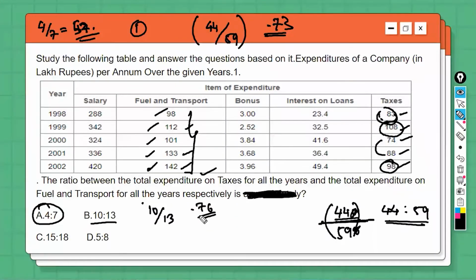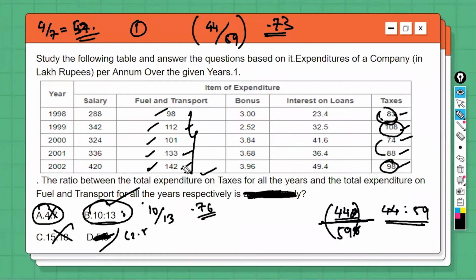Very close. 15 by 18 is 0.83, so this is not the right answer. And 5 by 8, I think it is 62.5, so this is also not close. The closest answer is 10 by 13. So this should be the right answer.